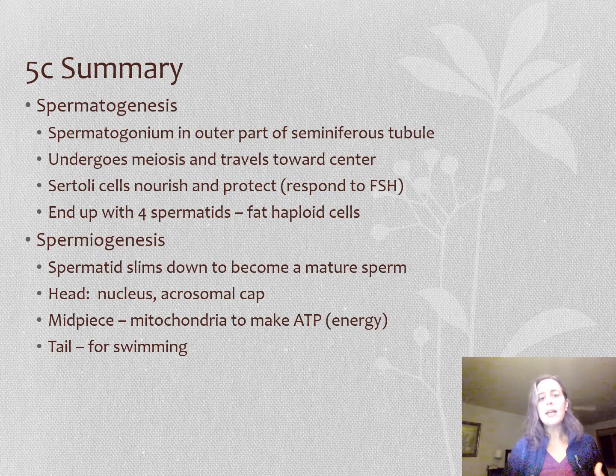And at the end, we get 4 spermatids, right? We get 4 gametes, but they're fat. So then we have to undergo spermiogenesis. They slim down, get rid of their extracellular machinery that they're not going to use. The head is going to keep that nucleus with the 23 chromosomes, the acrosomal cap with enzymes. The midpiece has mitochondria to make energy, and then there's the tail for swimming. So that's it for 5C.